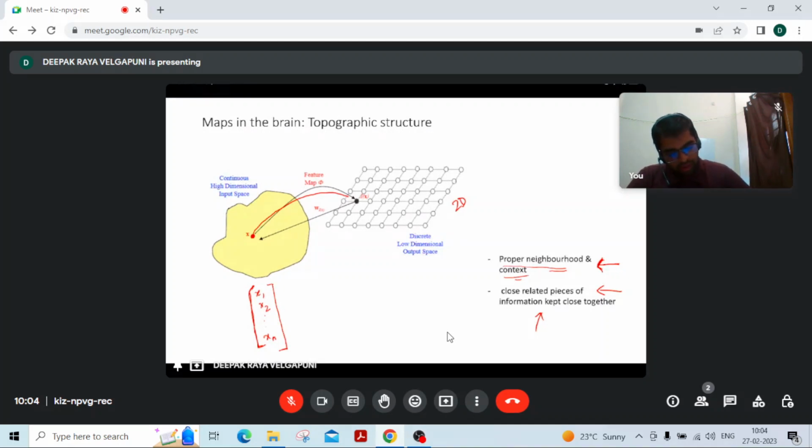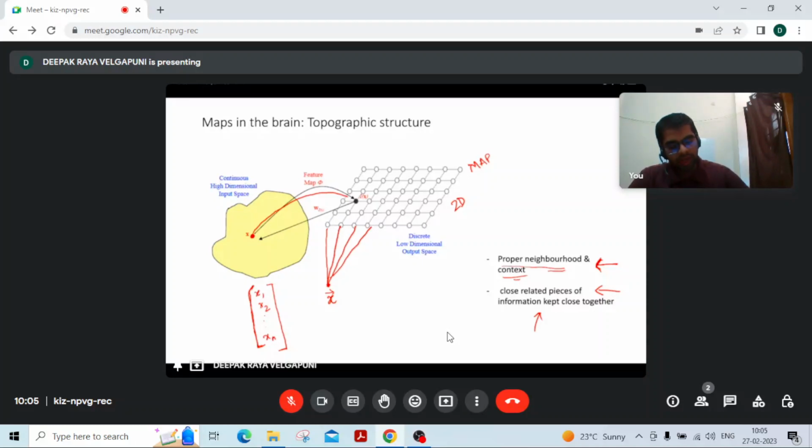So here, if you take one point, you have a vector x, and this x can connect to every neuron in this structure. Let's say this is a map structure which has to evolve and form a map.